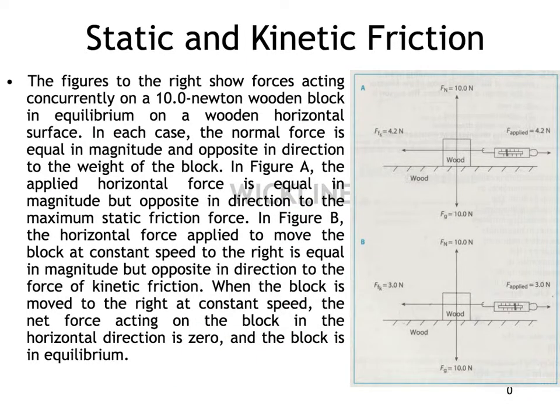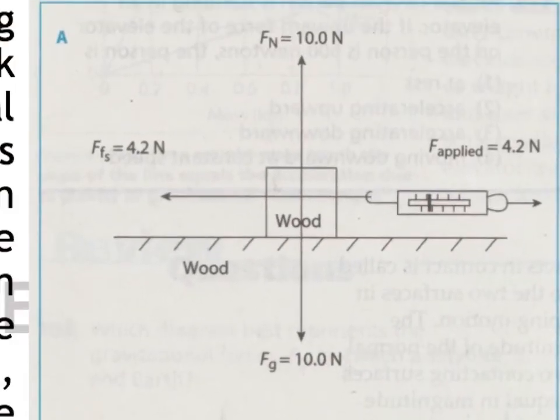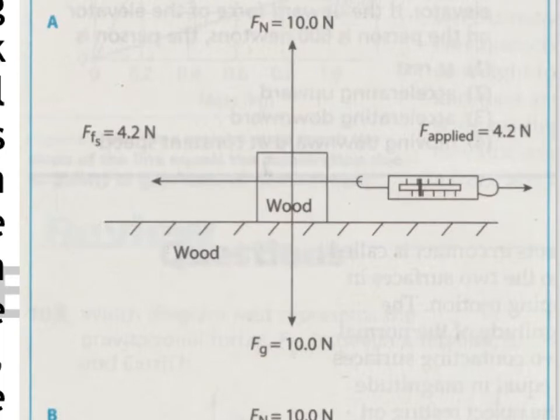So I'm using a free body diagram to explain some of these concepts here. I'll zoom in on the first one. This one is saying that the normal force, which is up, is equal in magnitude to the weight, which is down, and also the applied force is 4.2 newtons, and the frictional force is also 4.2 newtons.